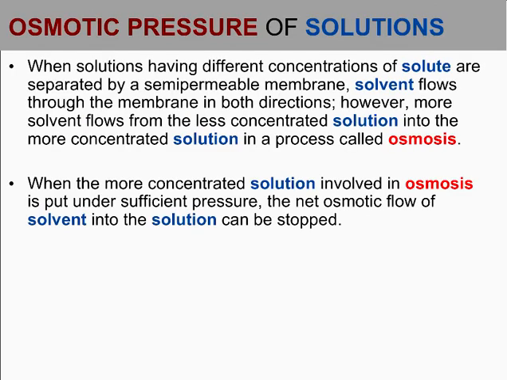Now, the last colligative property, so the last property that depends on concentration, is osmotic pressure. If you are interested in biology, osmotic pressure is really important in our cells. There is solution going across our cell membranes constantly.